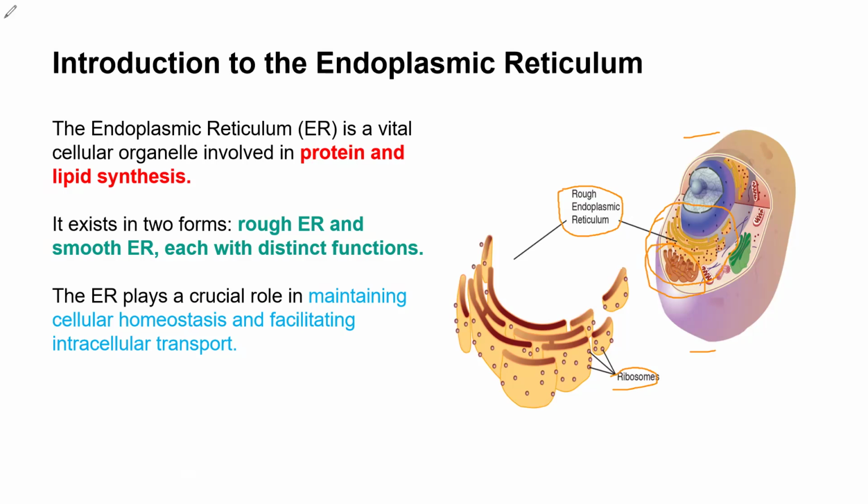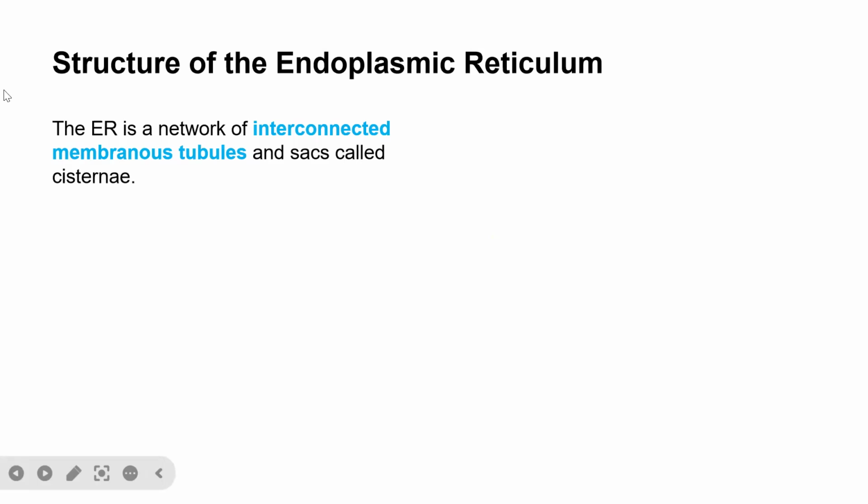Okay, so now let's look at the structure of the endoplasmic reticulum. The endoplasmic reticulum is a network of interconnected membrane tubules and sacs, which are called cristae.